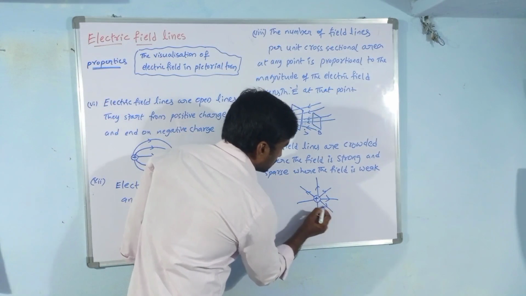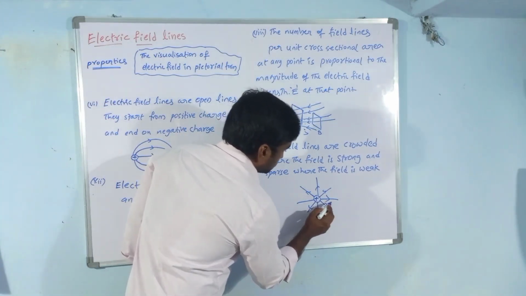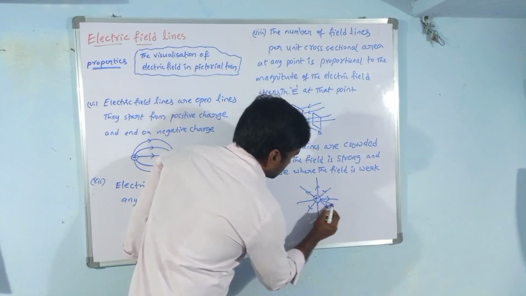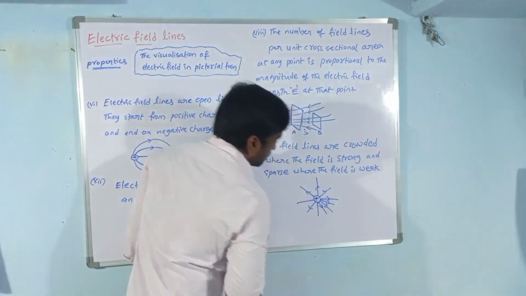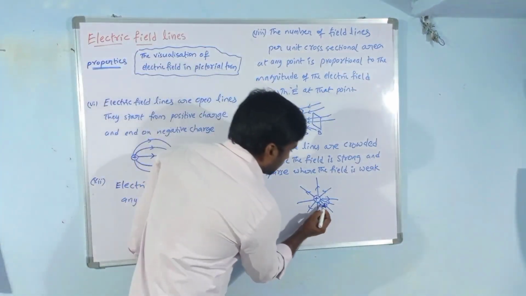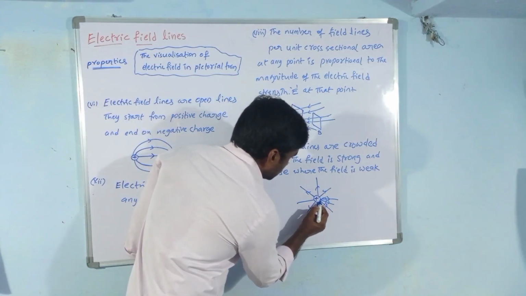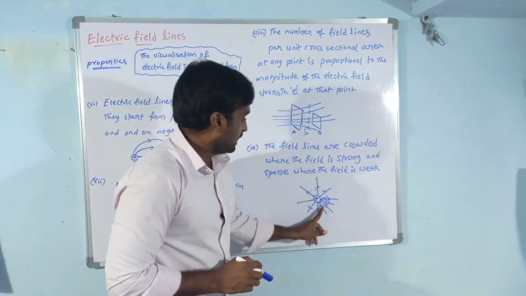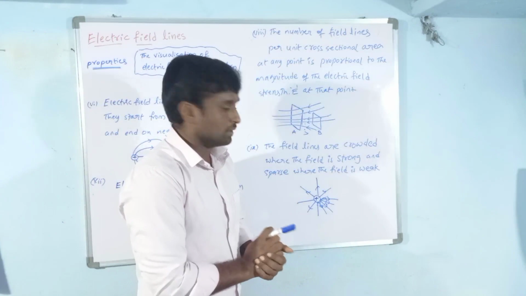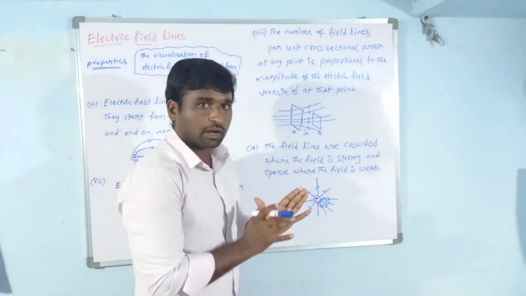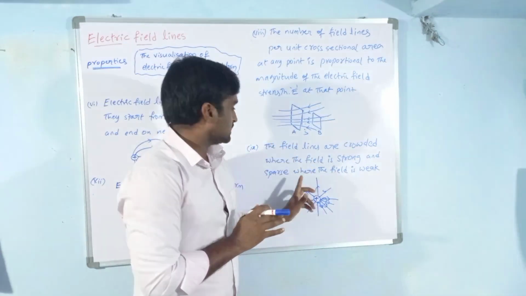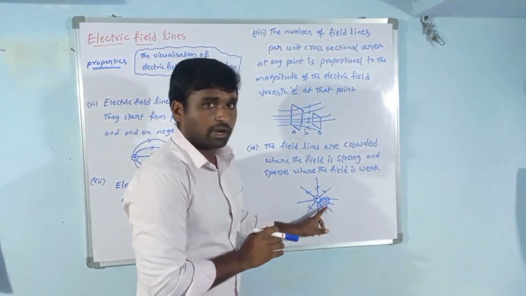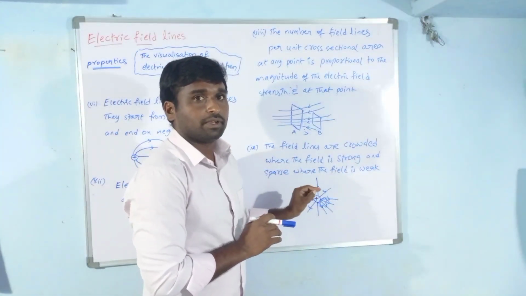Suppose you take these electric field lines at this point. If you take this area, the field lines are crowded. When the field lines are crowded, there is a strong electric field. We can say that at this point a strong electric field exists.